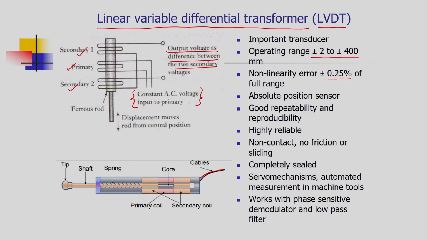So, as the rod displaces, if we consider that the rod moves in a downward direction, then the overlap of the ferrous rod in secondary coil 1 is reduced, while the overlap in secondary coil number 2 remains constant. As the overlap in coil 1 is reduced, the EMF generated in coil number 1 will also reduce. In this way, we are getting a non-zero voltage at the output. This non-zero voltage at the output is a function of the displacement.